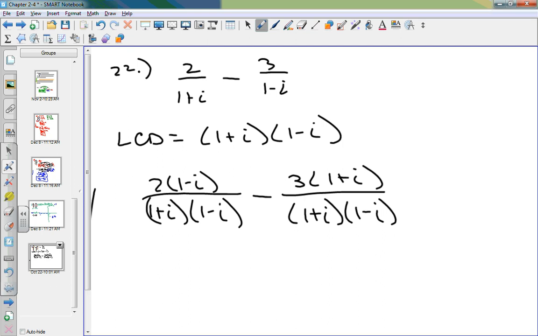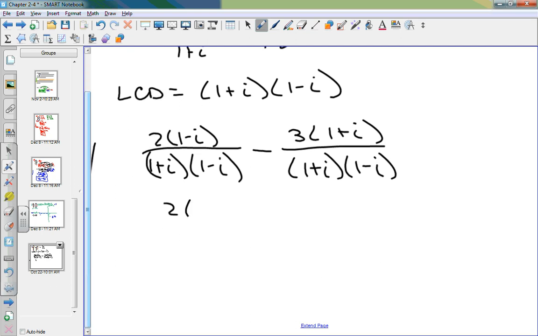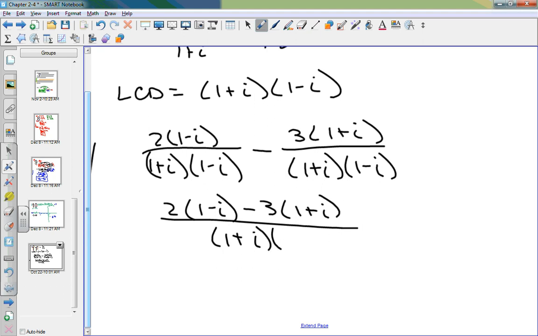Now, this is going to be written as one fraction, because it has the same denominator. As long as you don't lose this negative.